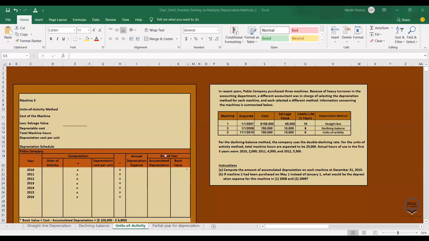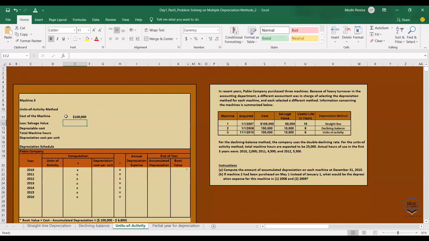In the case of the units of activity method, if you can remember, first we have to calculate the depreciable cost. For that we need to first write down the cost of the machine, which is $100,000.